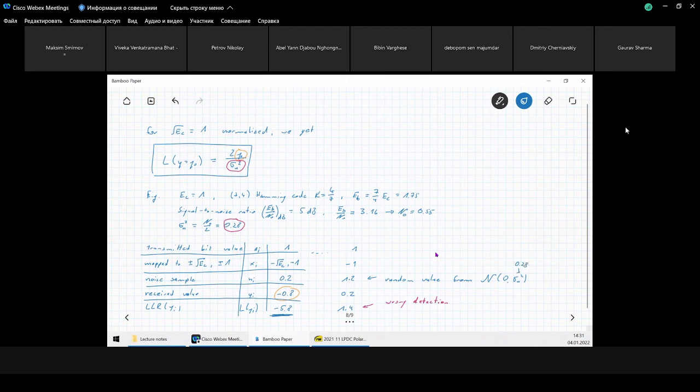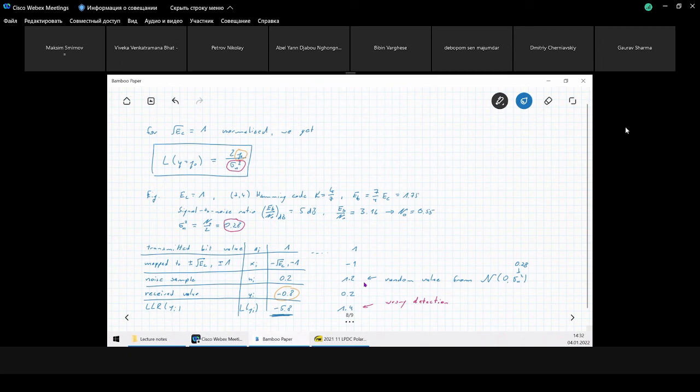So I just made this number example up from a short MATLAB program. I generated this code word, where I know the bits. I mapped them to ±1, and I generated this noise sample by using the rand command, generating random values in MATLAB with the correct noise variance. So those are random values which basically model the noise.